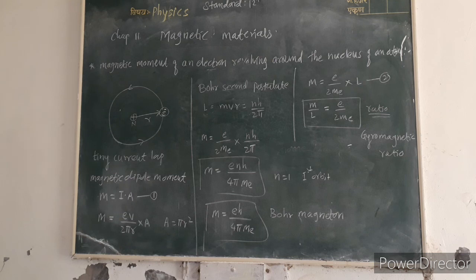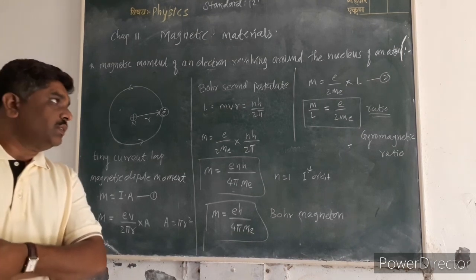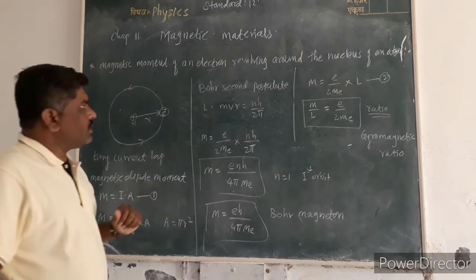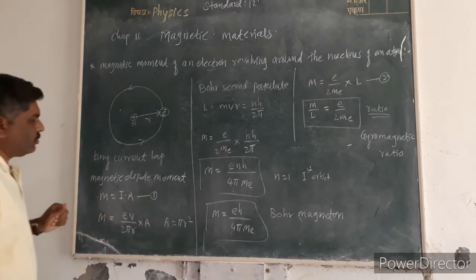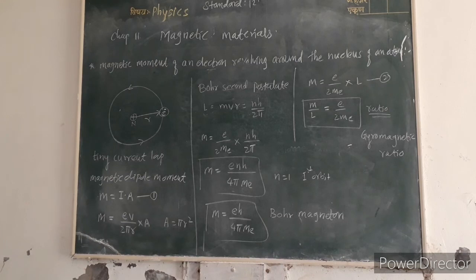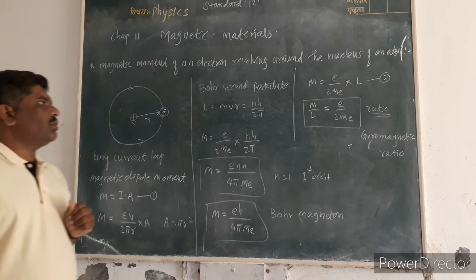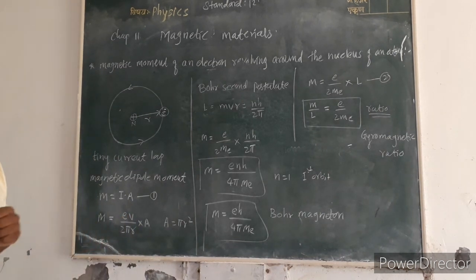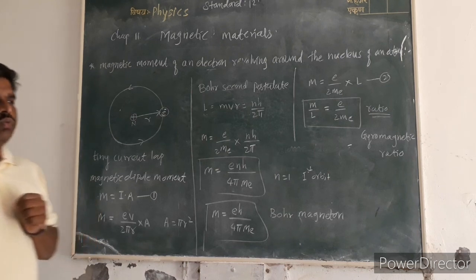This is about the magnetic moment of an electron revolving around the nucleus. The answer for that topic is only up to the relation M is equal to evr upon 2.